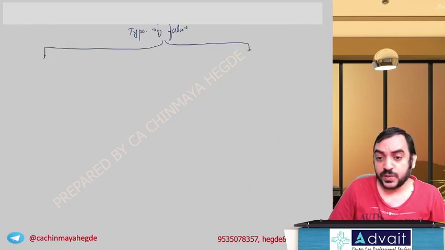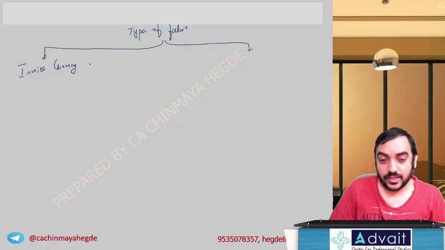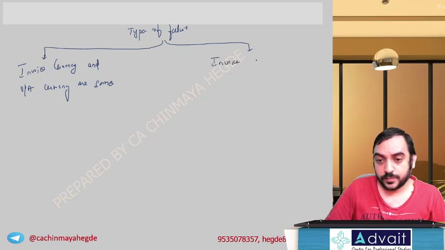In one, the invoice currency and the underlying asset currency are the same. In the other, the invoice currency and the underlying asset currency are not the same, different.